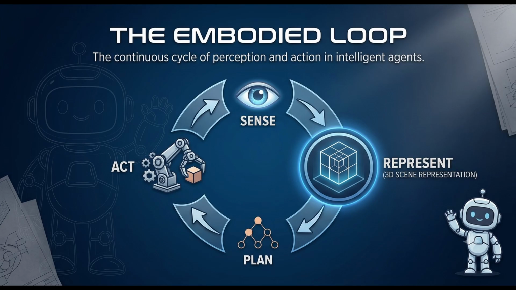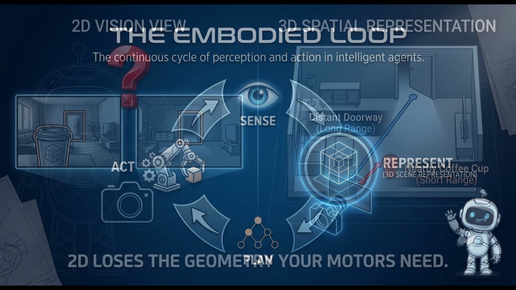A warehouse robot, a home assistant, a drone, a self-driving car, a virtual character in a physics simulator, all embodied agents. The defining feature is the loop. The agent senses the world, updates its internal model, decides on an action, moves, and then senses again. Perceive, represent, plan, act, repeat.